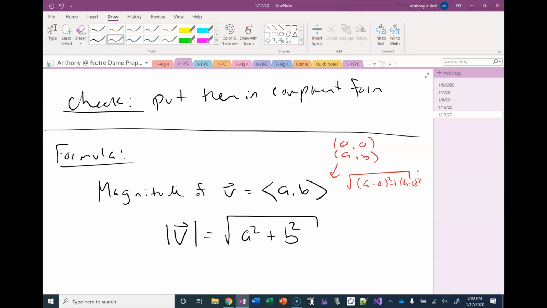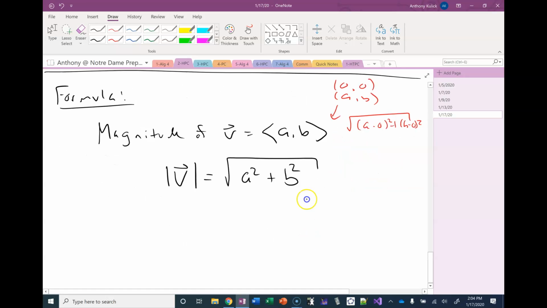Cool? If our vector was given as an initial point and a terminal point, what can we do? You could either use the distance formula, or you could put your vector in component form and then use this formula. Are you doing the exact same thing? Yeah, they're the same. It's the same thing. Everybody feel okay about that? Okay.